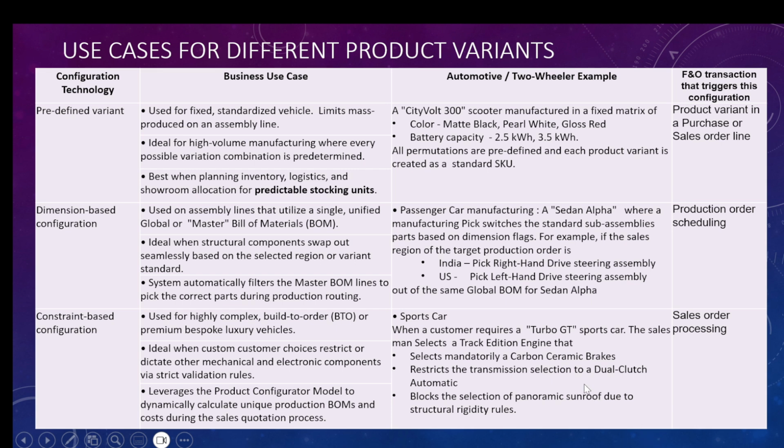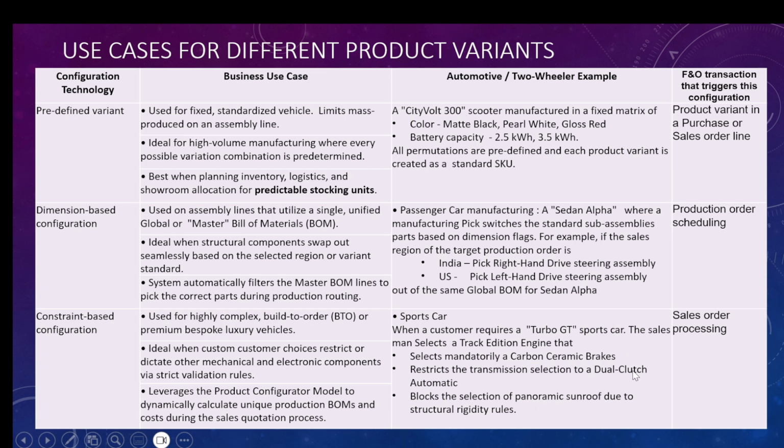Okay. Now all these things are done during your sales order processing. The sales order processing is done by the sales executive. When the sales order processing is done in F&O, I'll show you the page where it is triggered, and then automatically you will be shown a page where you can choose the components as it is fitting to the Turbo GT sports car, and you can process it, okay, and finalize the sales order.